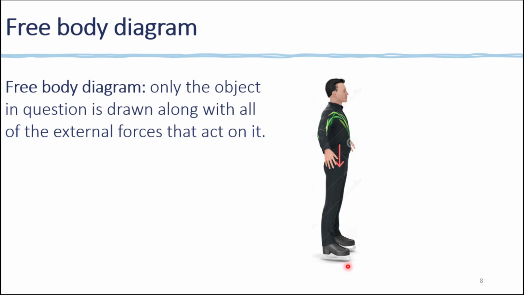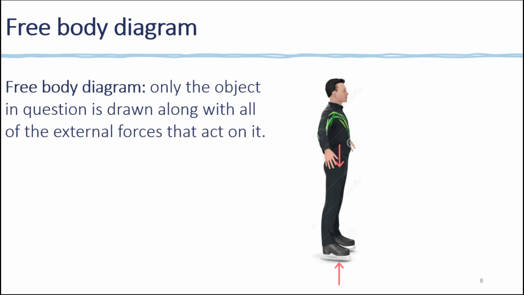The ice is thus exerting a force on the person as well, right? Action, reaction. That's Newton's third law: for every action, there's an equal and opposite reaction. So if we drew an arrow representing this force, it would be an upward arrow whose arrowhead is just contacting the skate. That's the point of application of that reaction force from the ice.